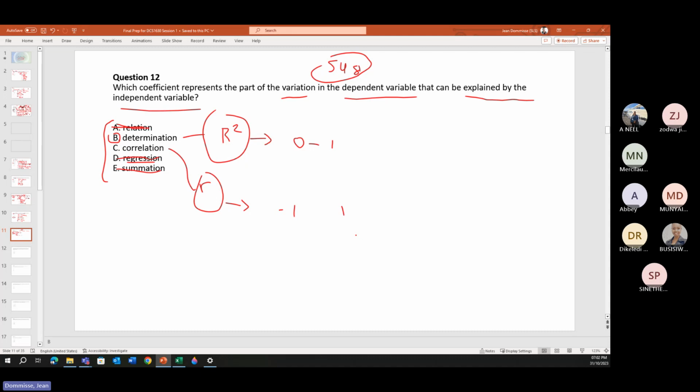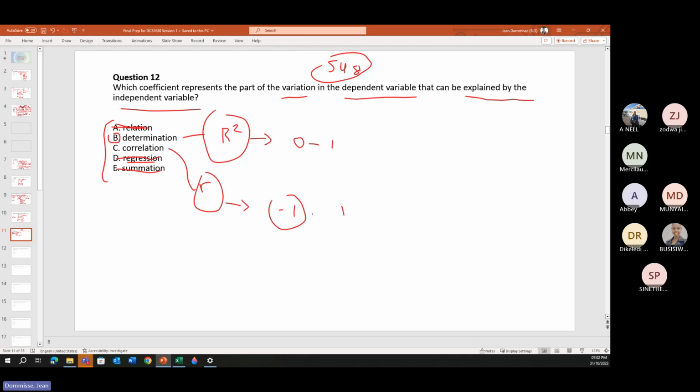So those are some of the differences between the two. They might talk about a strong negative correlation, which on this scale is closer to -1.